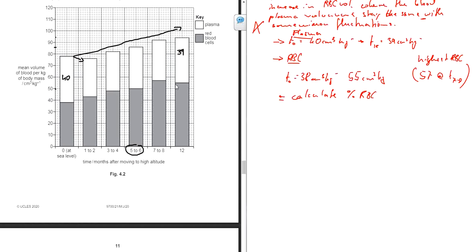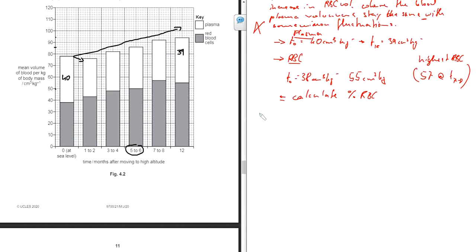So obviously our main problem here is the change in altitude, and something that you should know is with increasing altitude, the partial pressure of O2 decreases in the atmosphere.